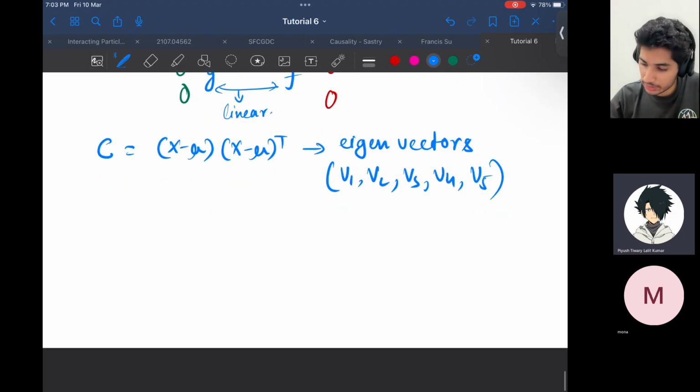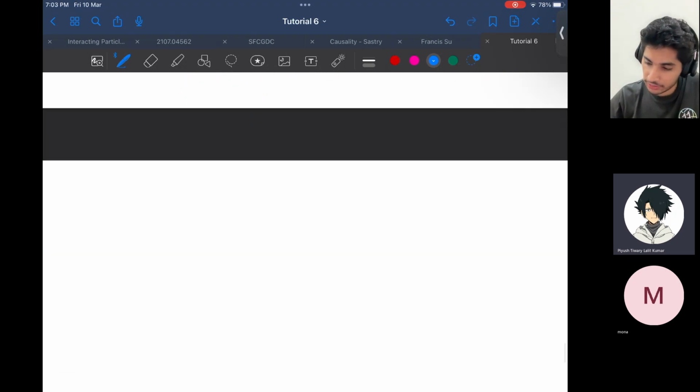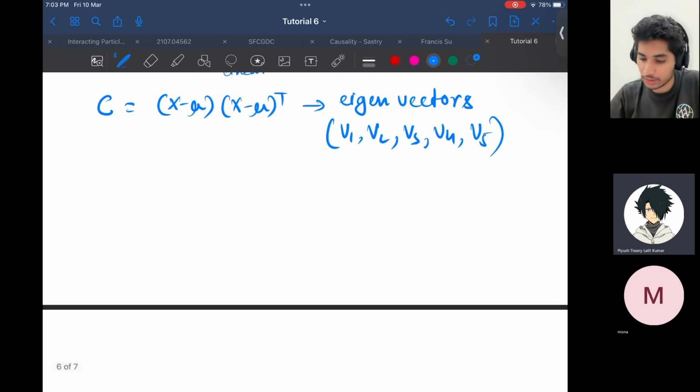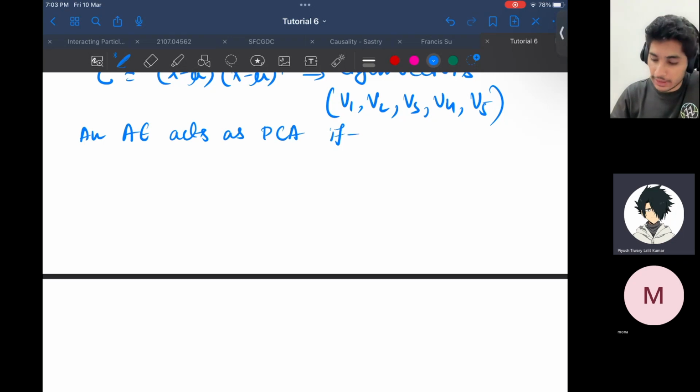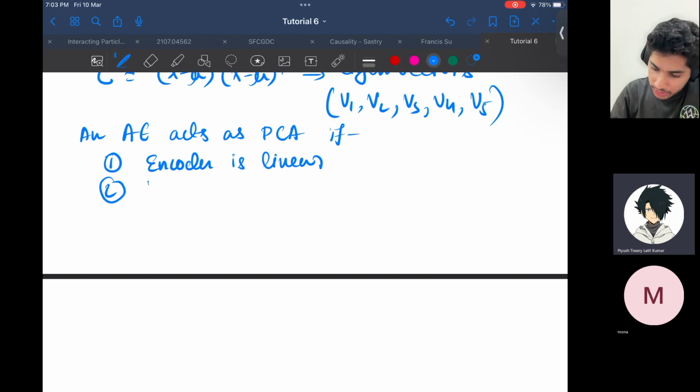How? So here were the conditions. I will just repeat those things for you. An autoencoder acts as PCA if these conditions hold. The first condition was that the encoder is linear. The decoder is also linear.